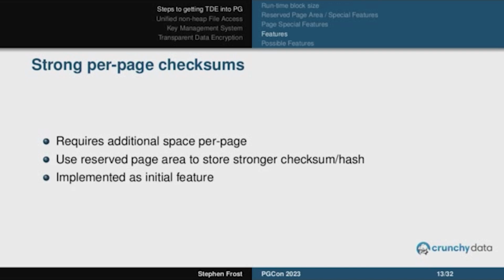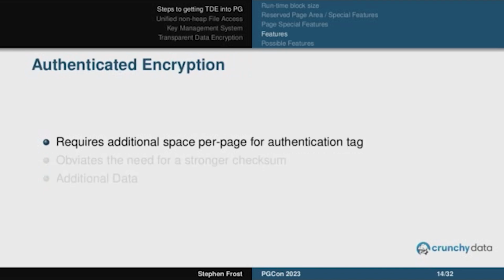Yeah, we'd stick this into that kind of reserved page area at the end, implement it as an initial feature. I think I talked a little bit about this already, but authenticated encryption requires having that additional space per page for the authentication tag, and really does get rid of the need for a stronger checksum. And also with the authenticated encryption, we can have additional authenticated data, right?